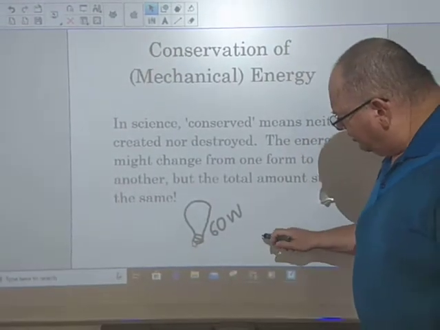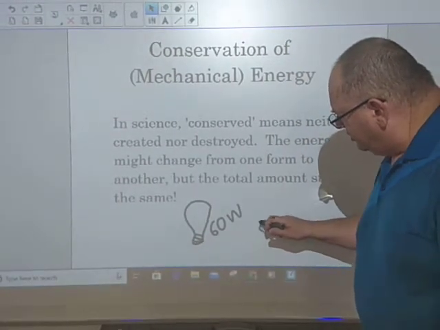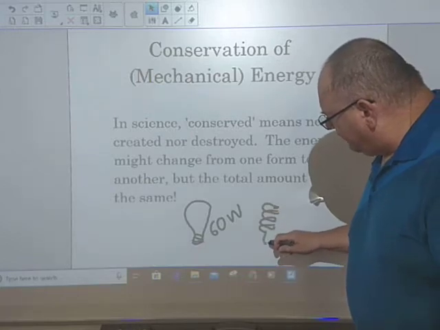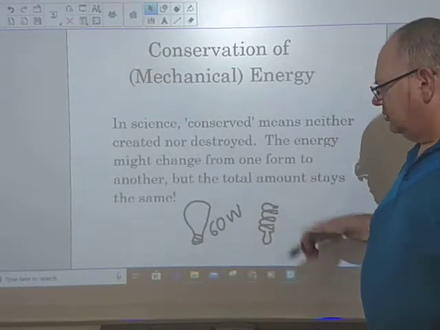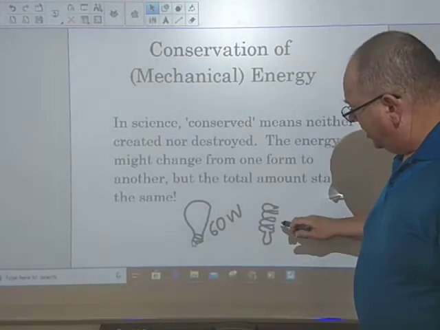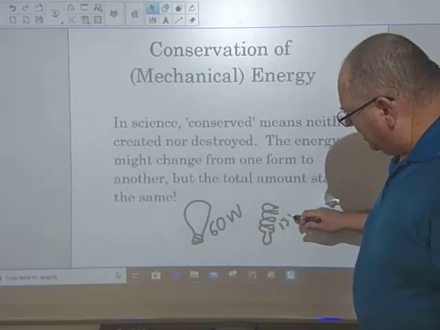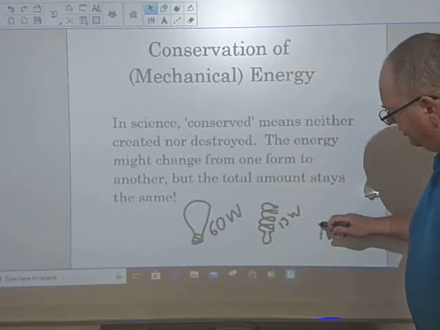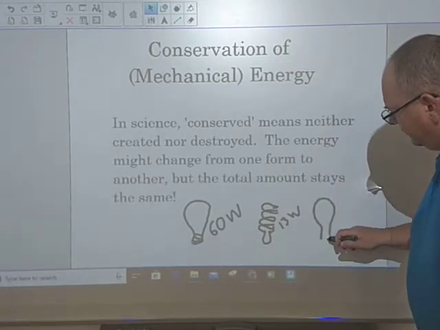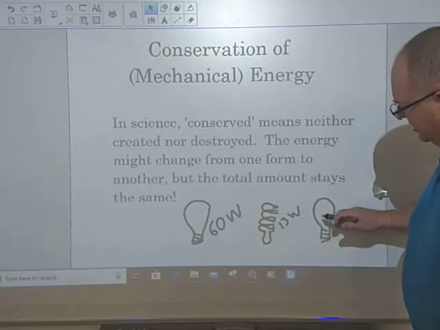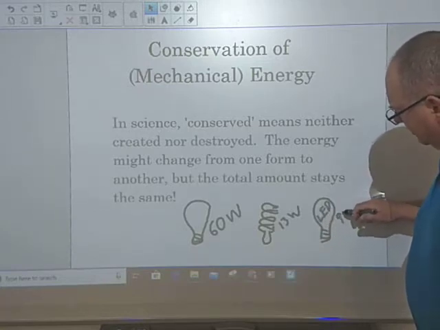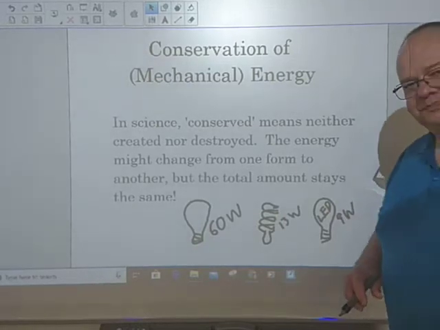The second was one of those compact fluorescent bulbs. I don't know how to draw that. It's labeled at 13 watts. And the third looks a lot like the first one, but it's an LED, and it's labeled 9 watts.